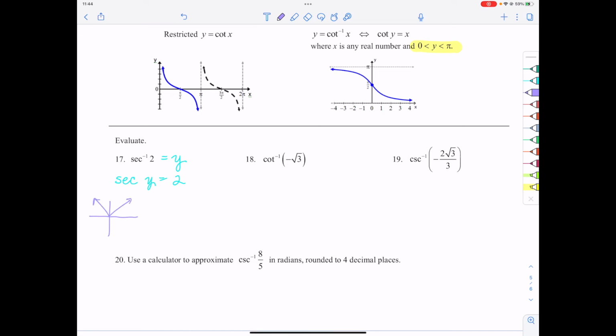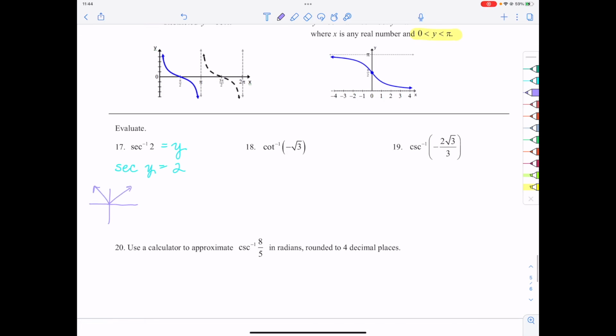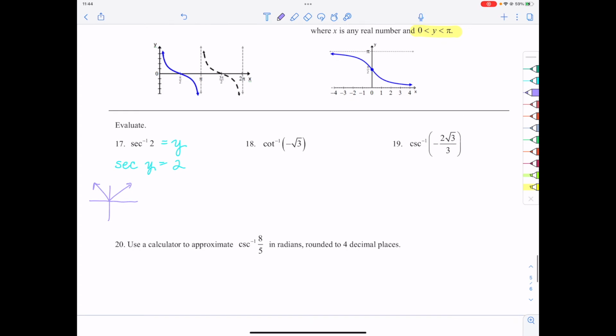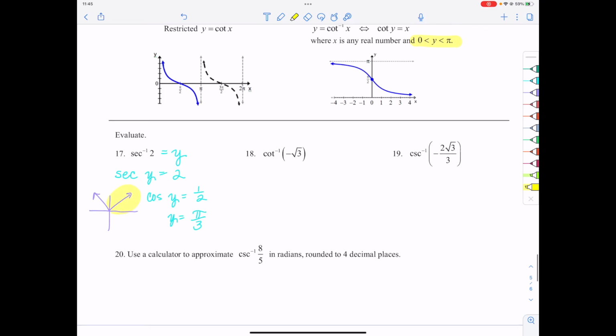And if the secant of y is equal to 2, then the cosine of y would have to equal 1/2. And of course, we know that y would have to equal pi over 3.